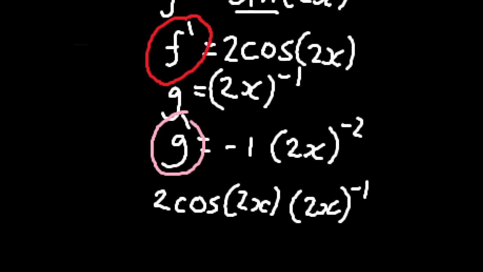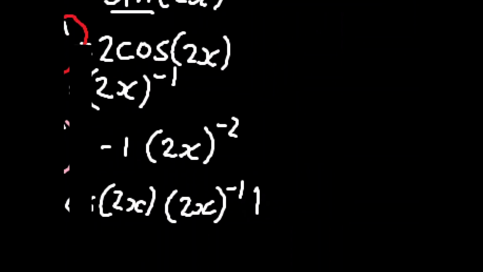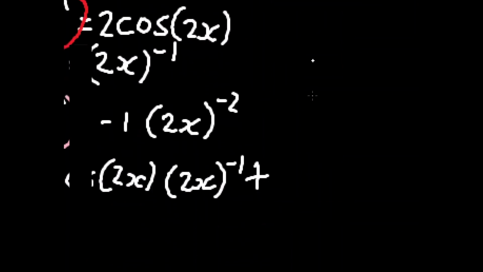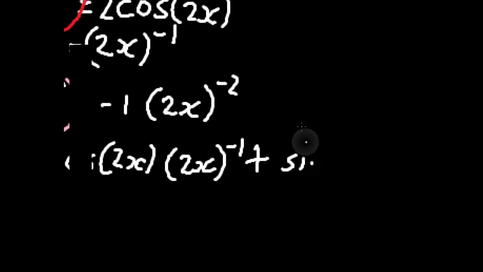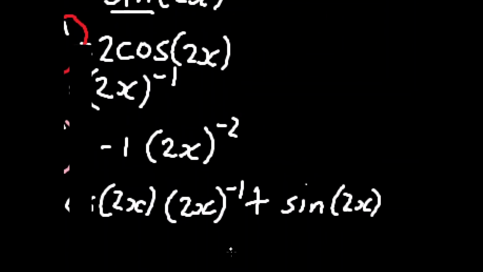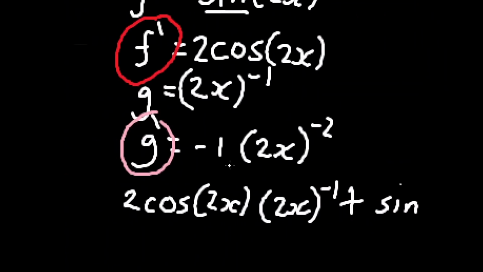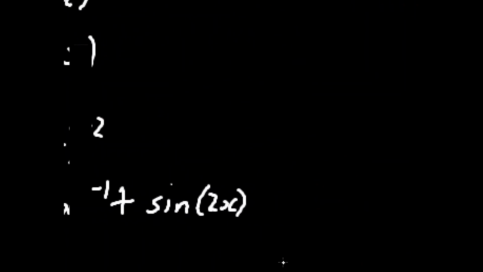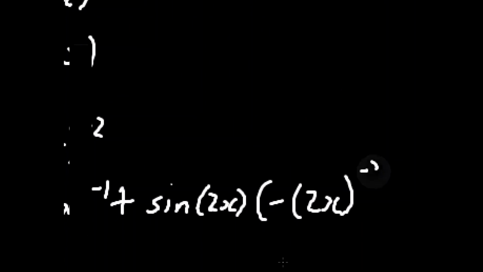And then we say plus, and now we have the normal f, which is our sine 2x. And then we have our differentiated guy, which is this -1, 2x to the -2. So that will become 2x to the -2.